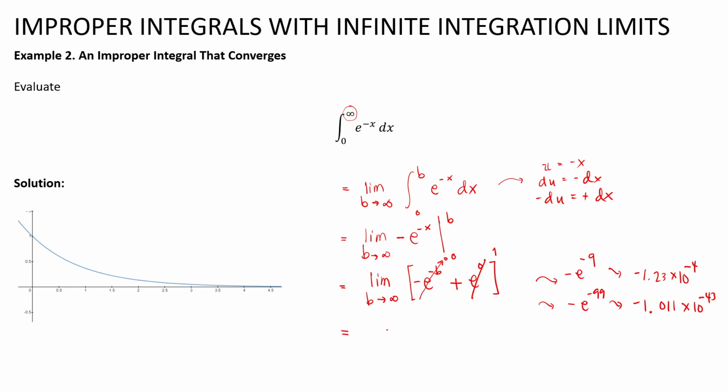So what is left is just equal to 1. And then your improper integral converges because the value of your improper integral is exact, or it exists. It is equal to 1. So again, e raised to the power of 0, if you try to calculate this one, it's equal to 1. Any number raised to the power of 0 is equal to 1.